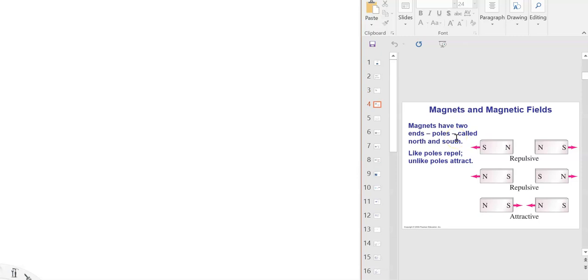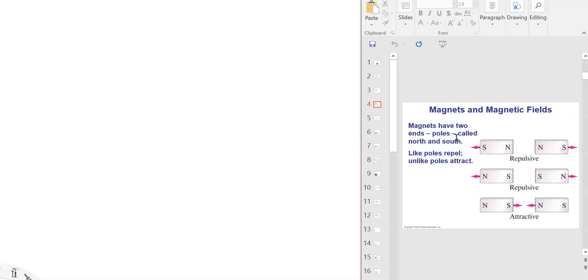Most of the first few slides are pretty much self-study. I will go briefly over them. I want you to go back to your textbook and read the relevant paragraphs, get a better picture, a better idea. But let's go briefly over this. Magnets have two ends.